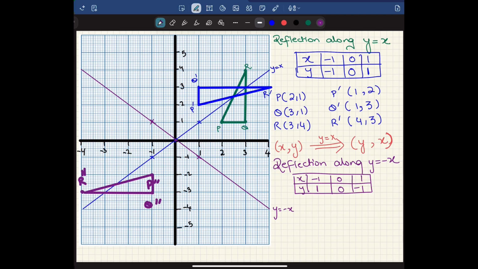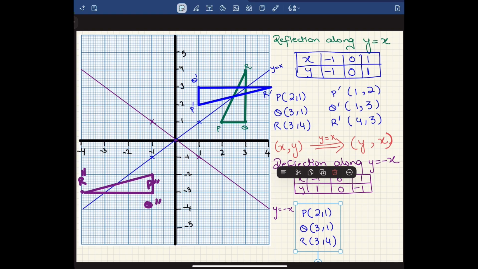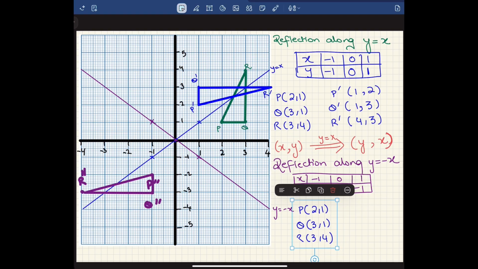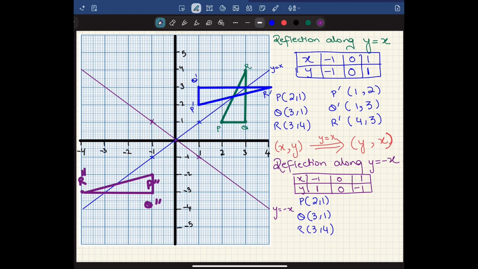So the coordinates of triangle PQR are as follows. And when they're reflected along the line Y is equal to negative X, what do we get?